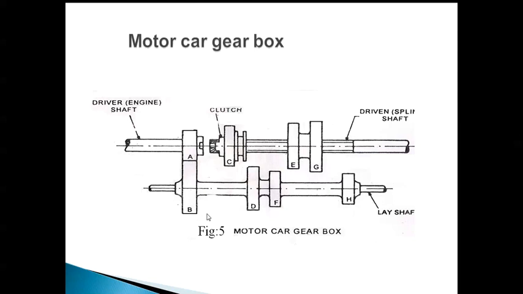So here the wheels B, D, F and H are rigidly fastened together and revolve freely on the lay shaft. Wheels B, D, F and H are rigidly fastened together and revolve freely on the lay shaft.